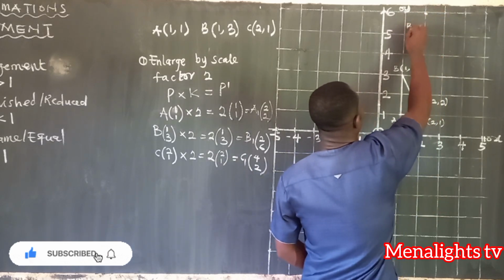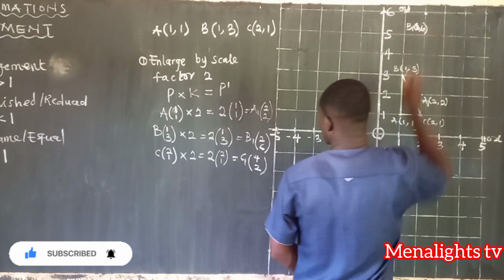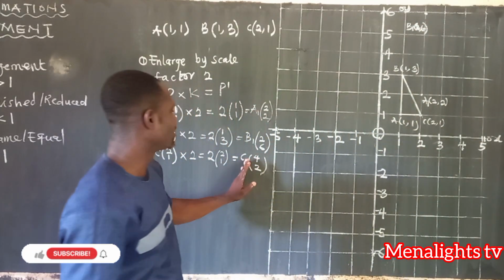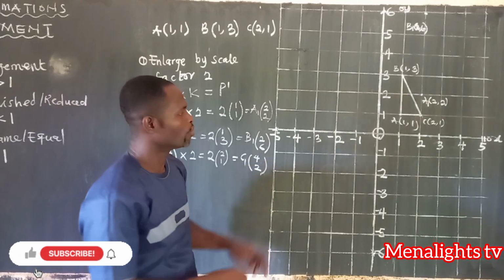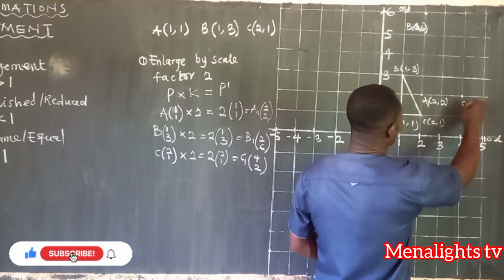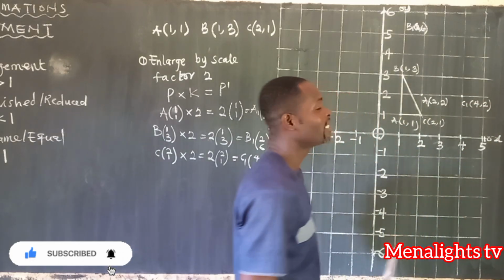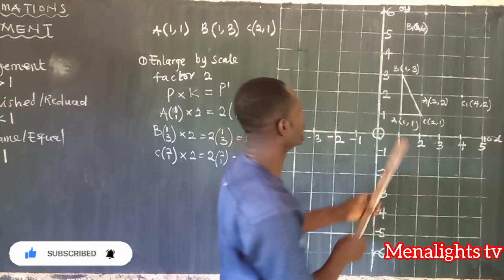That's my B1. Then I have my C1, which is (4, 2), here. So now we join to see the image that will be formed.